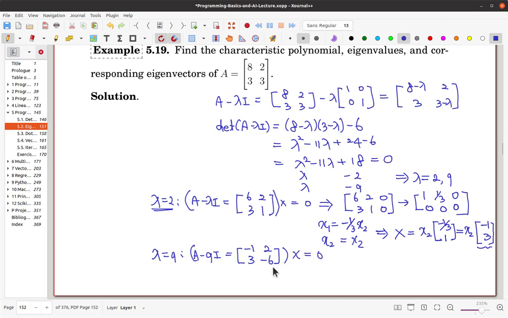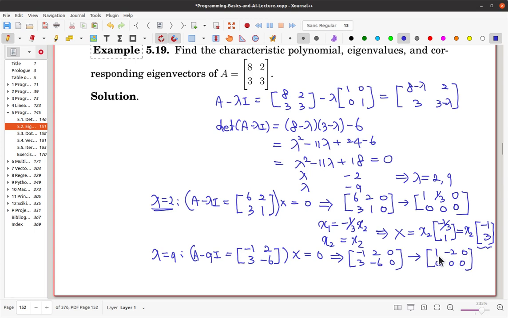Again, in the same way, by using the augmented matrix, we can get it. Here the augmented matrix is minus 1, 2, 0, 3, minus 6, 0. Essentially, these two rows are the same. You can eliminate these values through replacement, so that we have now 1, minus 2, 0, 0, 0, 0.